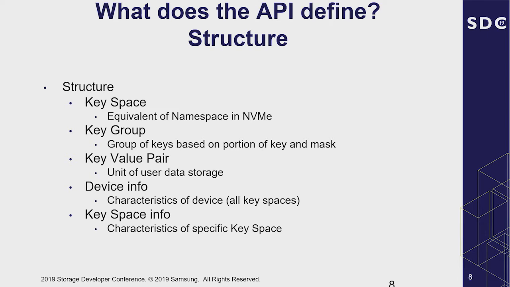What are your optimum value sizes so that you can attempt to store things optimally on the device? What is your value granularity? And the value granularity is an interesting characteristic in the fact that when you are storing a key value pair, you may have a value granularity that is, say, 2 KB.